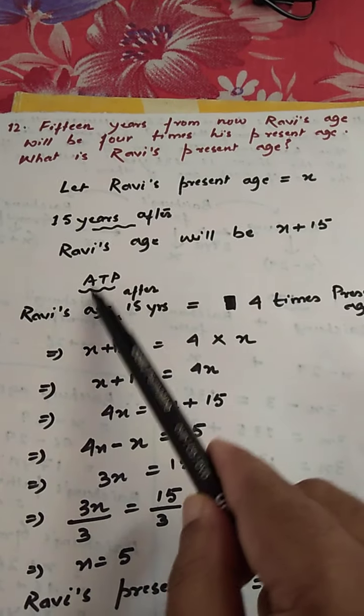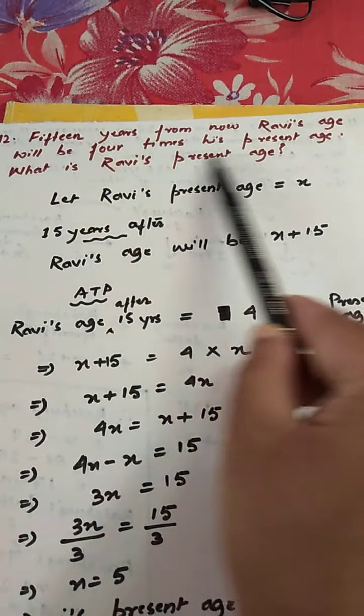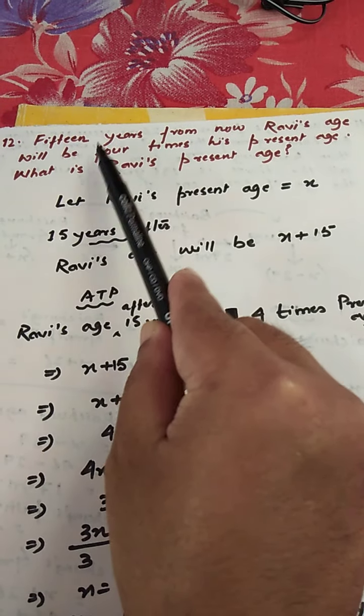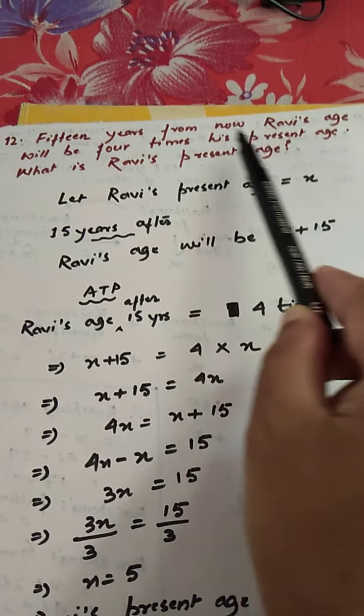Now according to the problem, I have converted the whole statement into equation form. They are saying Ravi's age after 15 years will be 4 times his present age.